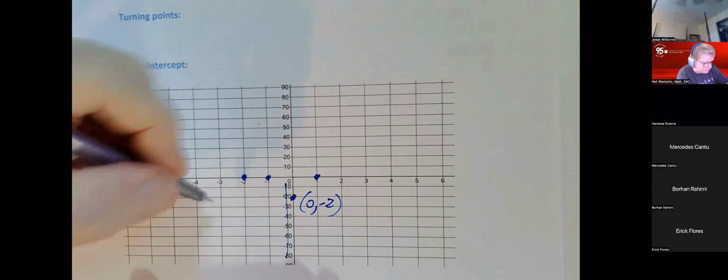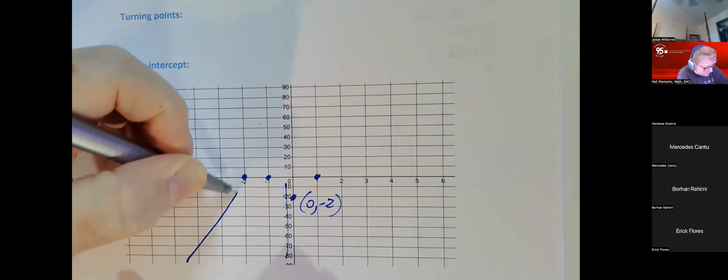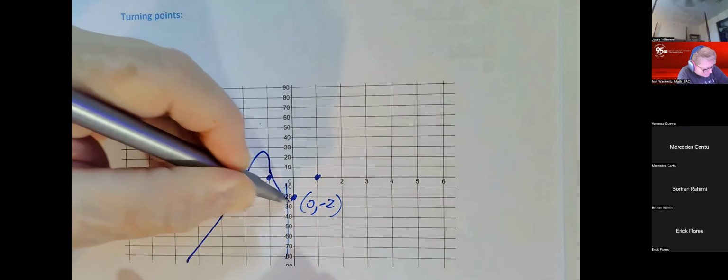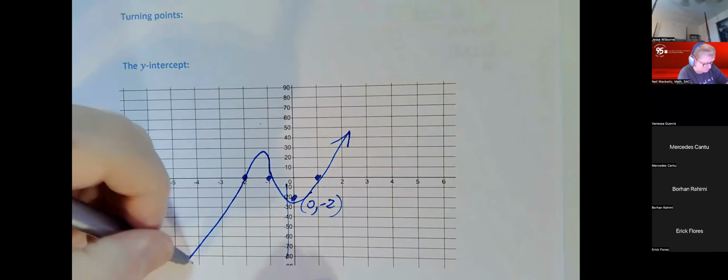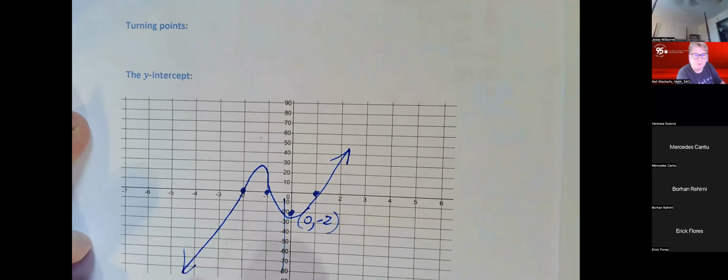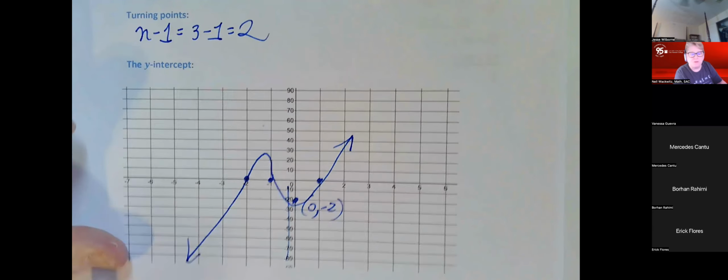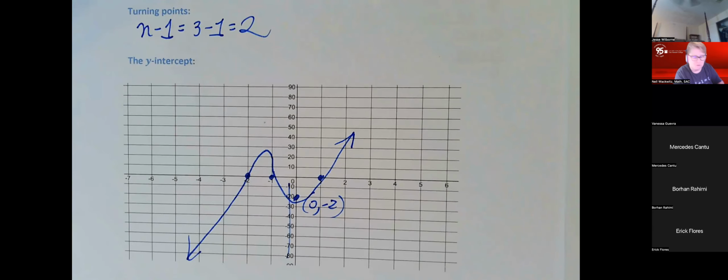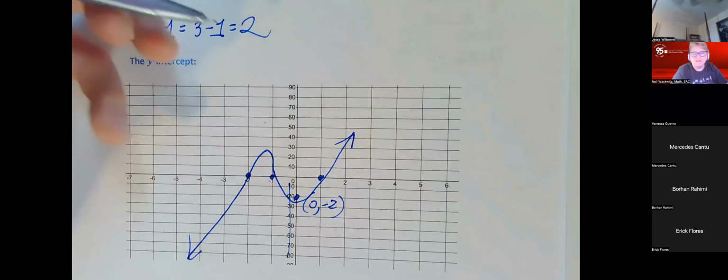And I cross at every 0 and I'm coming from below. How many possible turning points do we have? In other words, what is n minus 1? Yeah. How many actual turning points do we have? Do we have to turn between? Yes, we have 1, 2, and 2. So that's the most possible.